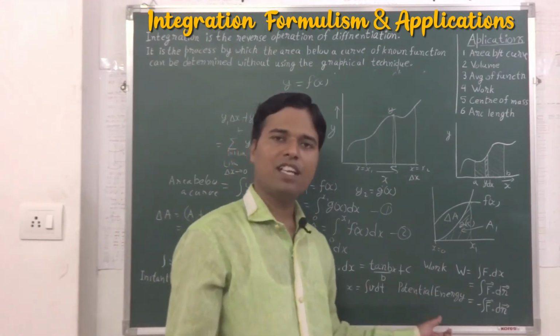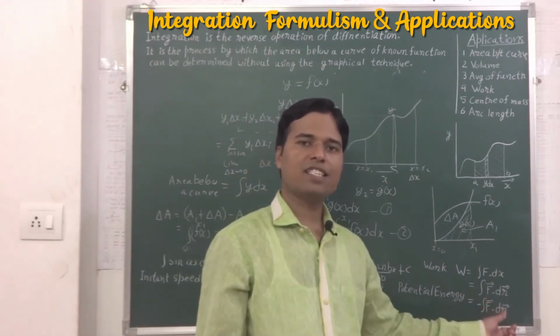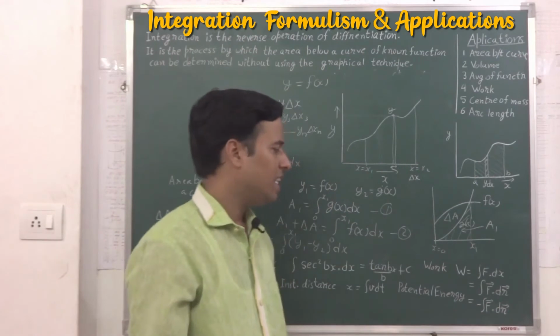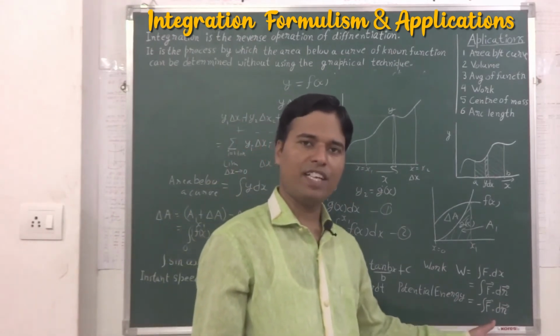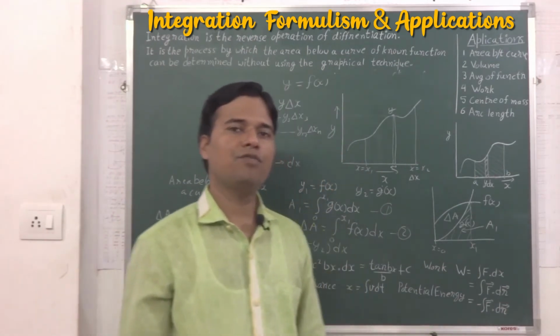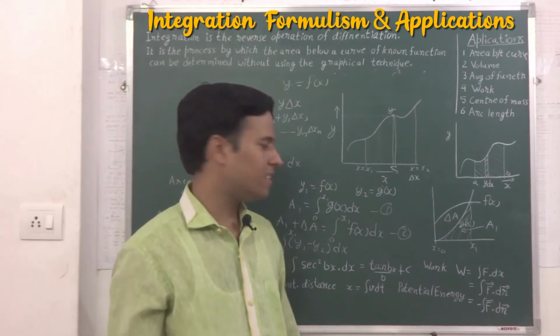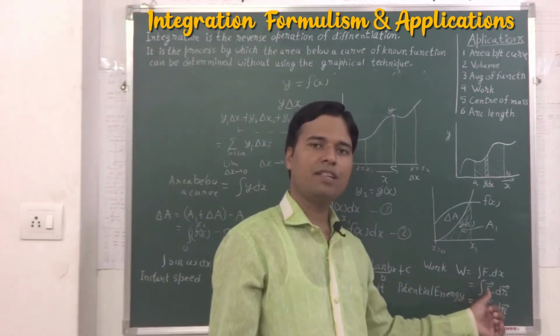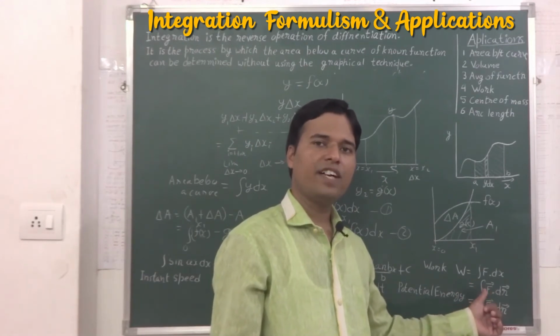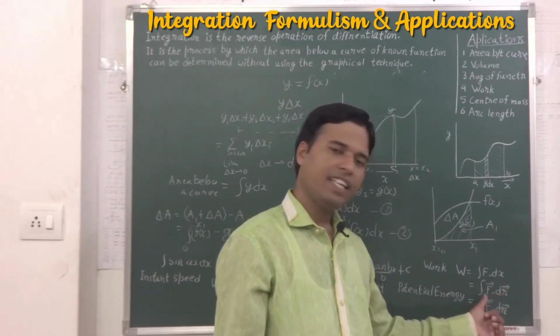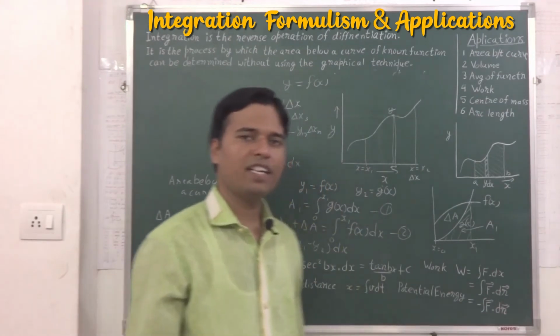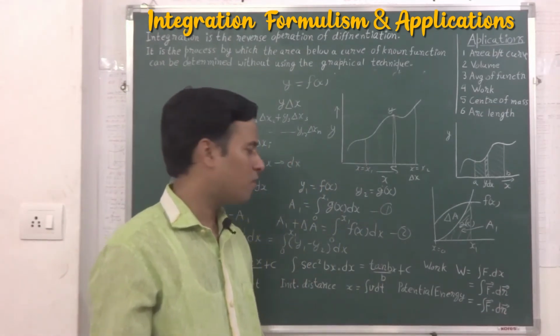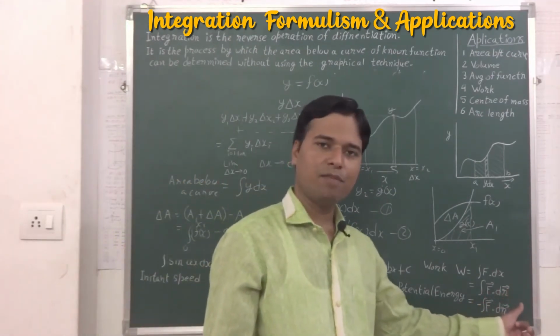In three-dimensional motion, we use vectors for displacements, and force is also a vector quantity. We will learn about vectors in our following chapters. Then you can get the value of work by F vector dot dr vector. Here the dot shows the dot product or scalar product between force and displacement.